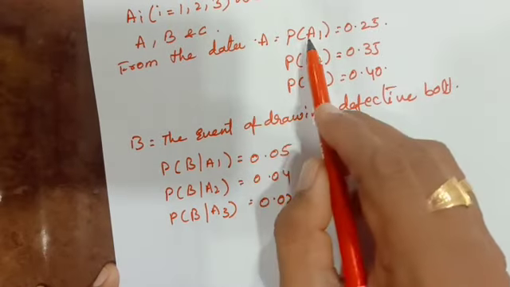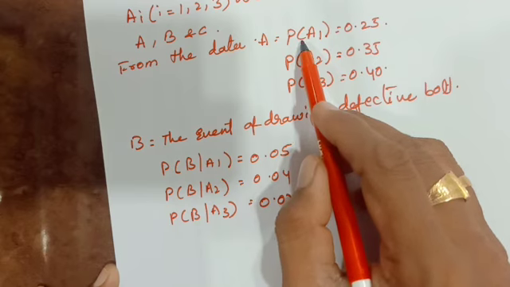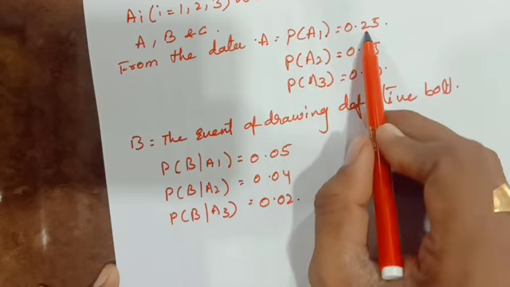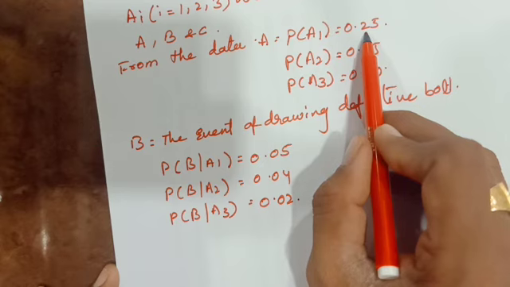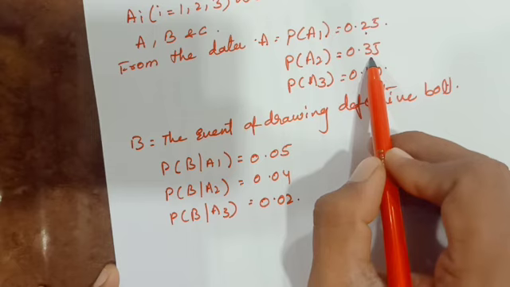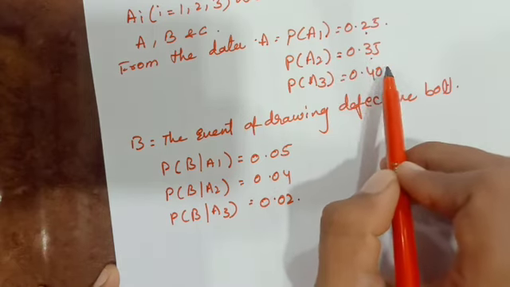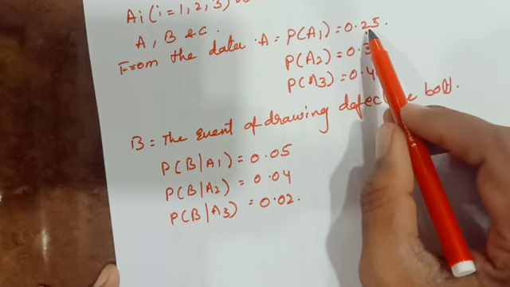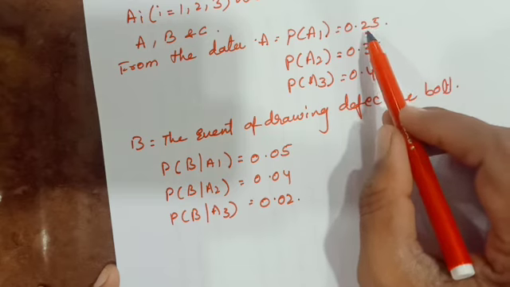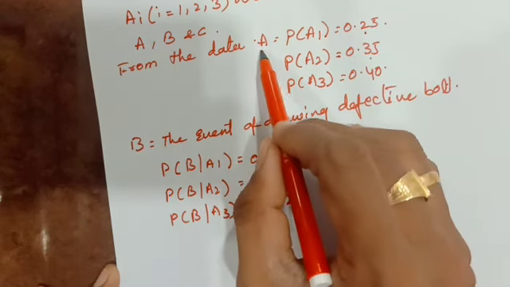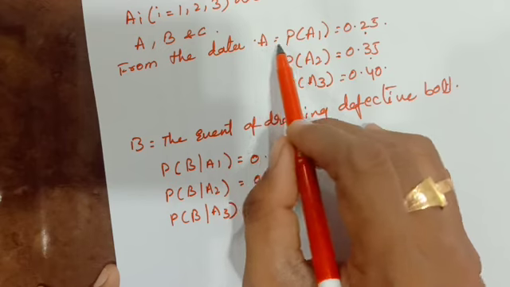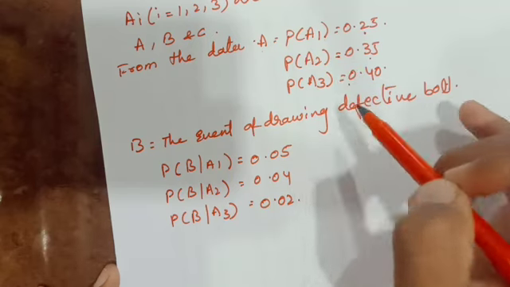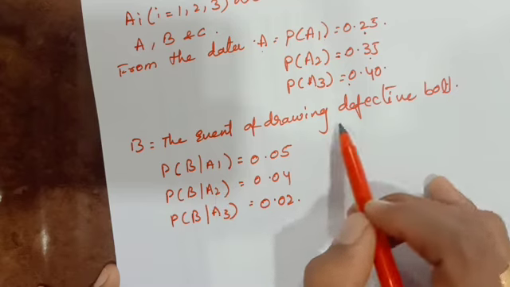From the data, P(A1) is 25% of the total output, and the next is 35%, for machines A, B and C. Here A is the event of drawing a bolt produced by machine A, B or C, and B is the event of drawing a defective bolt.